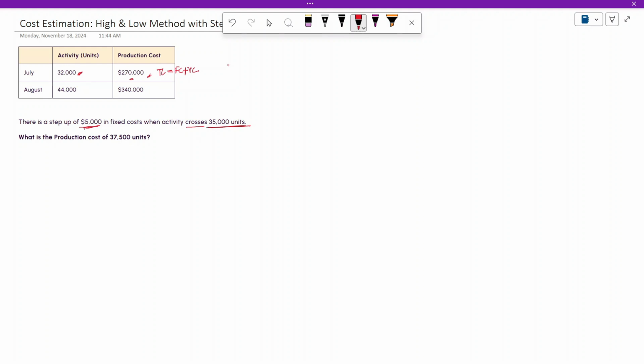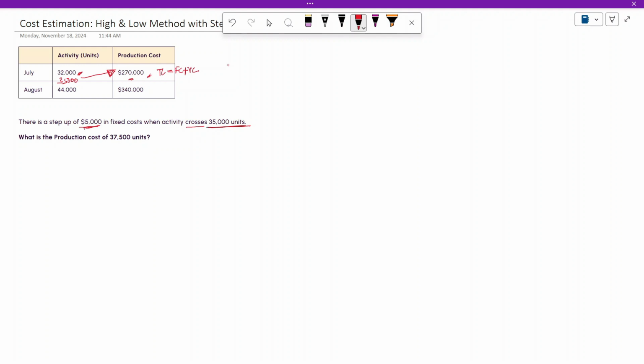So from 32,000 all the way to 35,000, the production cost is 270,000.